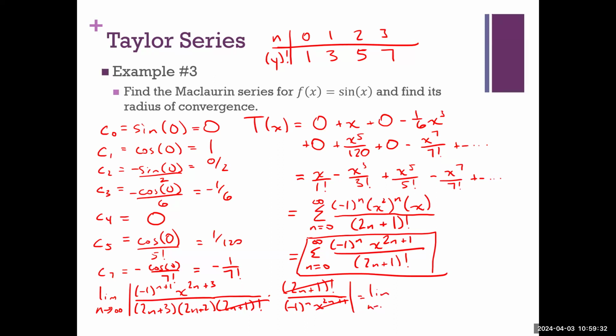The limit as n goes to infinity of, the alternation I'm going to ignore, x squared over 2n plus 3 times 2n plus 2. Can we evaluate that limit? It goes to 0. So where does this series converge? Everywhere.